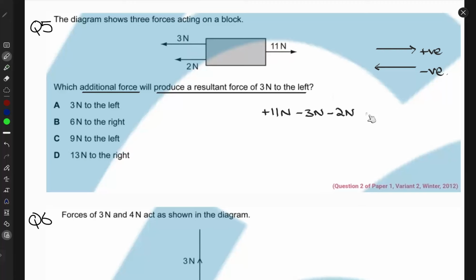And this gives you, let's just check, what does this give you? Once you do this, what do you get? 11 minus 3 is 8. 8 minus 2 is 6. So you'll get 6 newtons, right? Did I do the math right? Sometimes I don't even trust myself. Yes, it's 6 newtons, right?